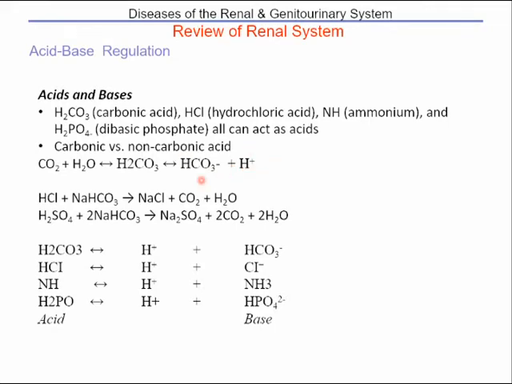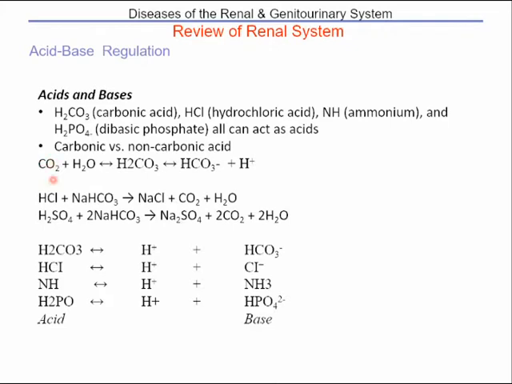If you have more hydrogen ion, the equation will shift to the left, and as a result, you'll eliminate more carbon dioxide. So alterations in ventilation, by changing the partial pressure of carbon dioxide in the blood, will alter your pH.